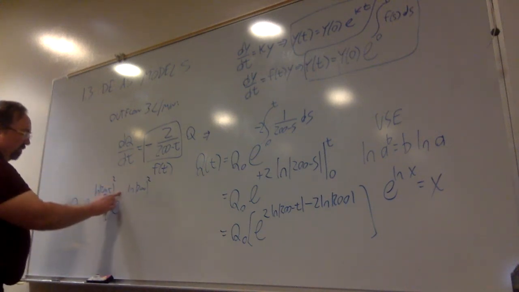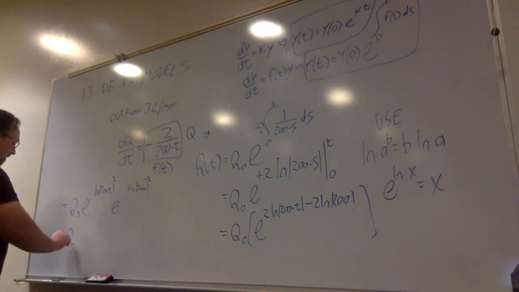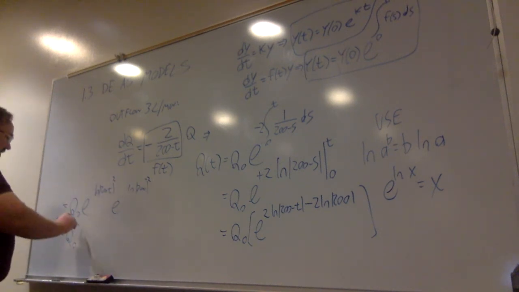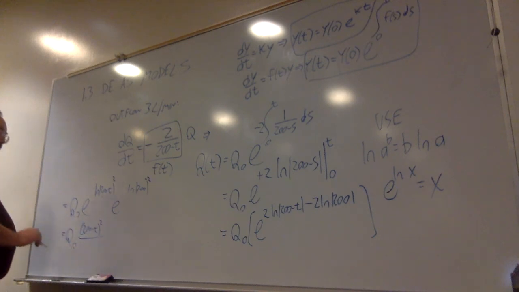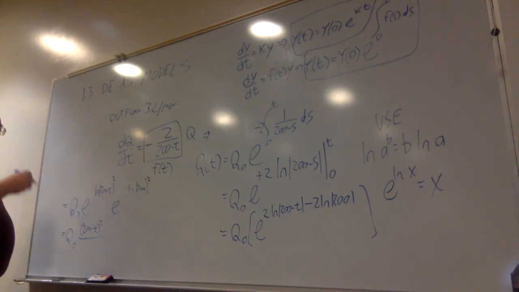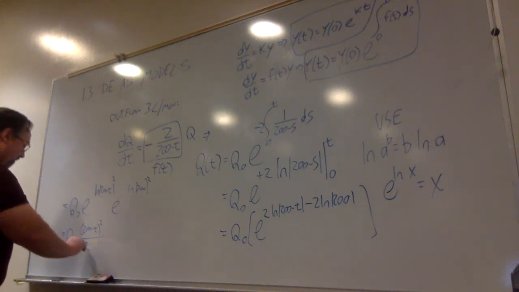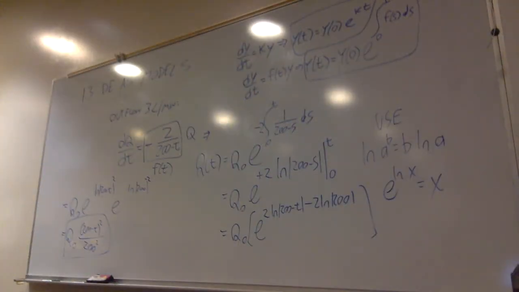Actually, here I'll move the minus also. So now I have Q naught e to the log, so that's going to cancel, and I get 200 minus t squared. And then down below, e to the log is going to be 1 over 200 squared. So that is the dang solution.